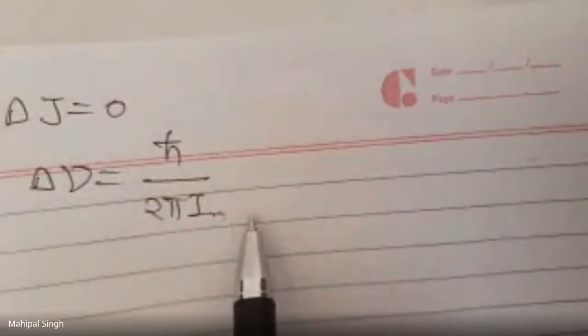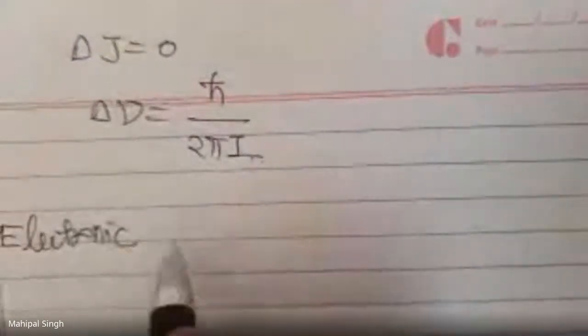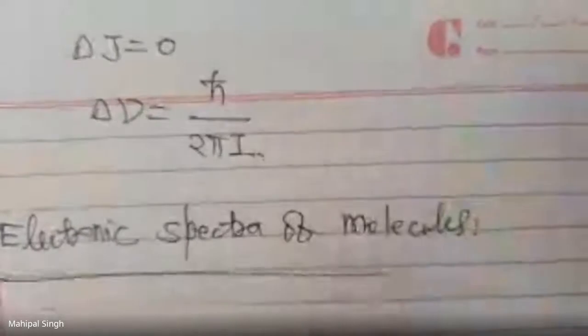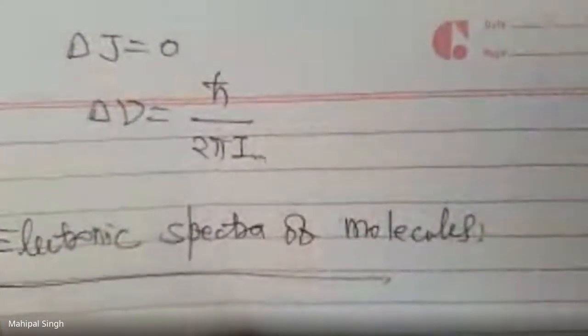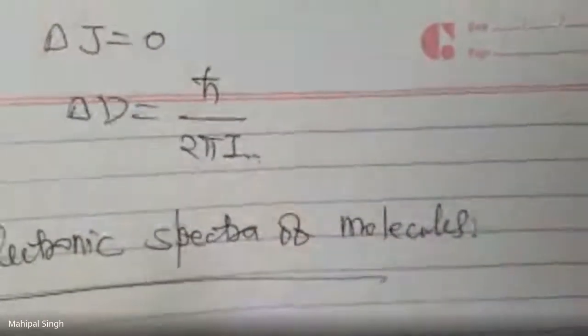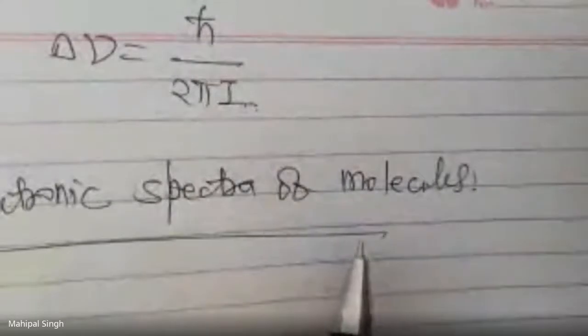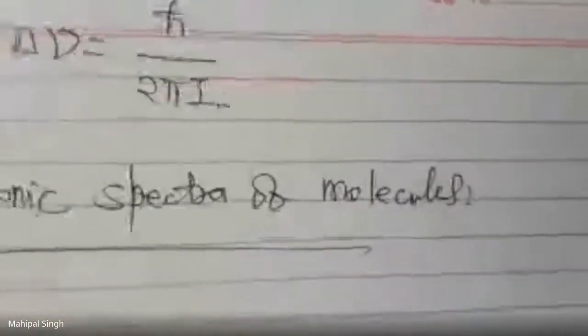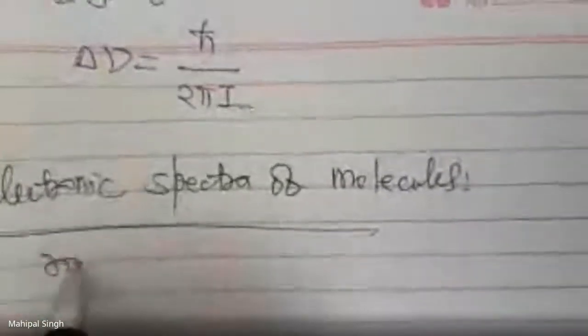Now let us discuss electronic spectra of molecules. When there is enough available energy, the electronic states of the molecules can be excited. This gives rise to the most general type of transitions: rotation, vibration, electronic transitions.